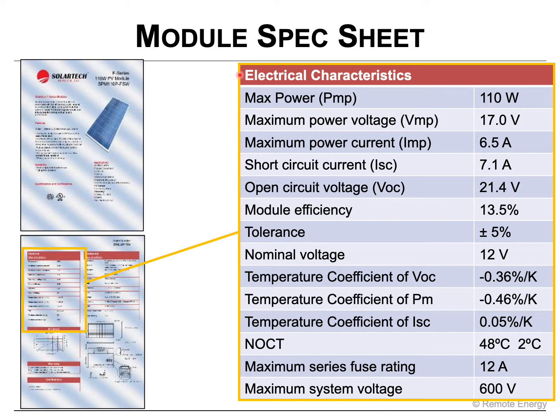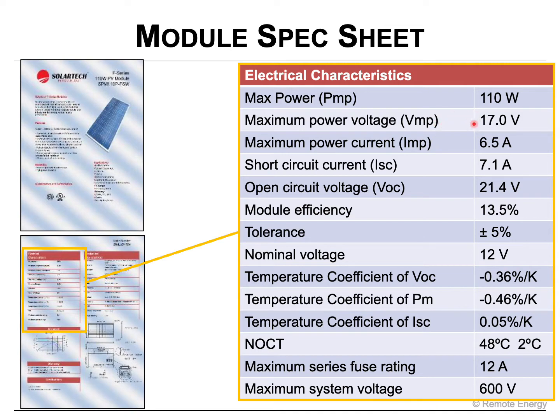So this module is telling us that the maximum power it can produce at those test conditions is 110 watts. Then they tell us the maximum power voltage and the maximum power current, called VMP and IMP for short.